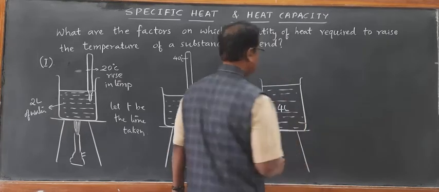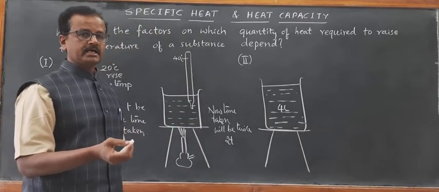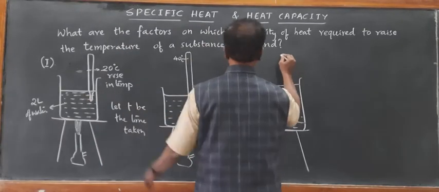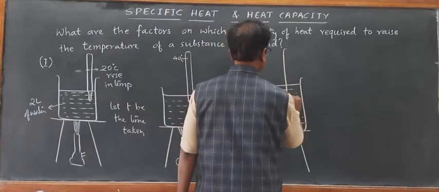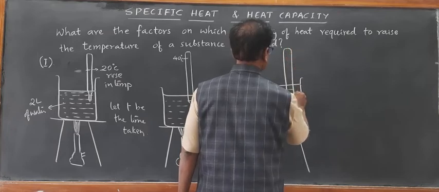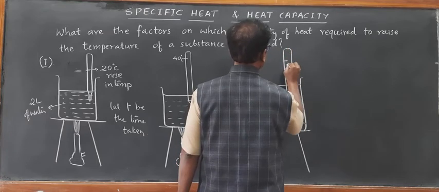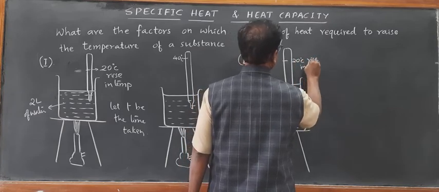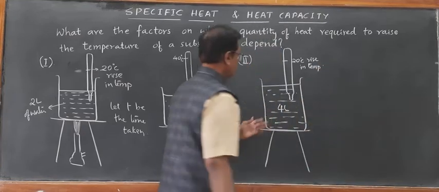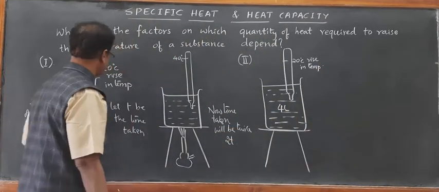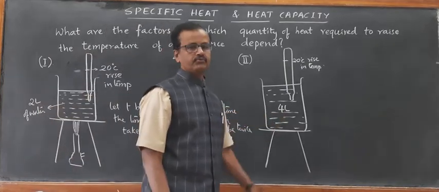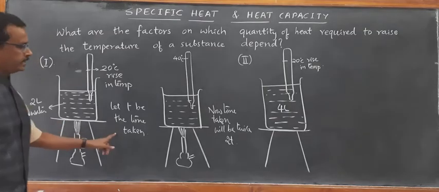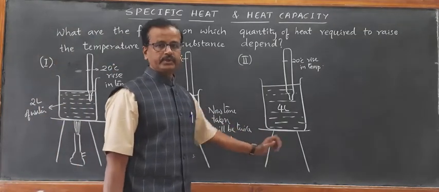Again note down the time for which the temperature rises by 20 degrees Celsius, as we did in the first step. Now we have doubled the quantity. Earlier it was 2 liters, now it is 4 liters. So obviously the time taken will be double. If it is T here, here it is 2T.